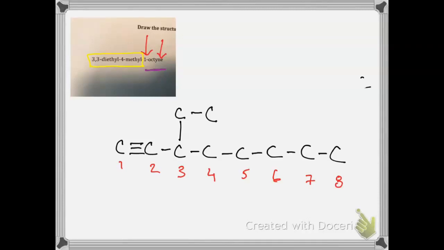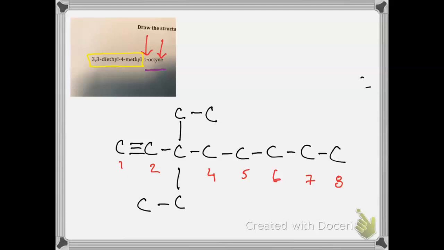Also on position 3, let me erase the 3 so that it is a little clearer. We've got another chain of 2 carbons. And of course I could have drawn that in any direction I wanted to, as long as it's a chain of 2 carbons. So what I have here is my main chain that I've numbered for you. We've got side chains right here. They're both ethyl groups.